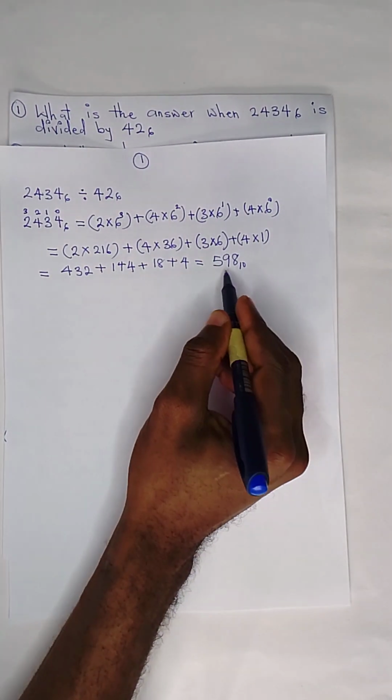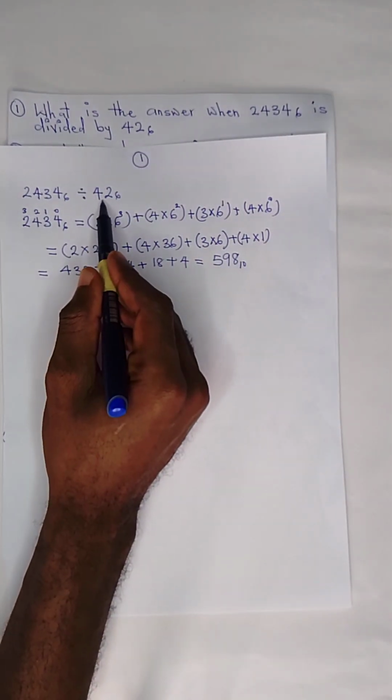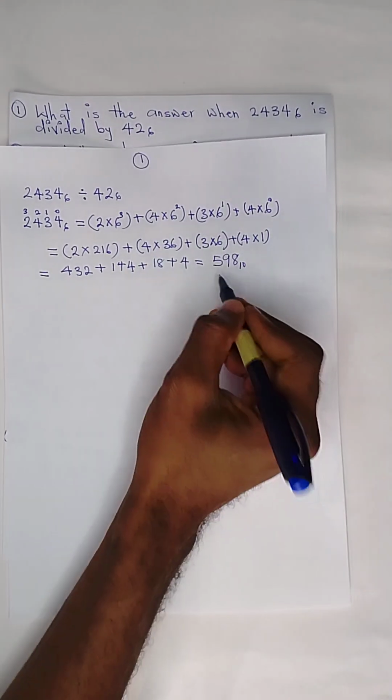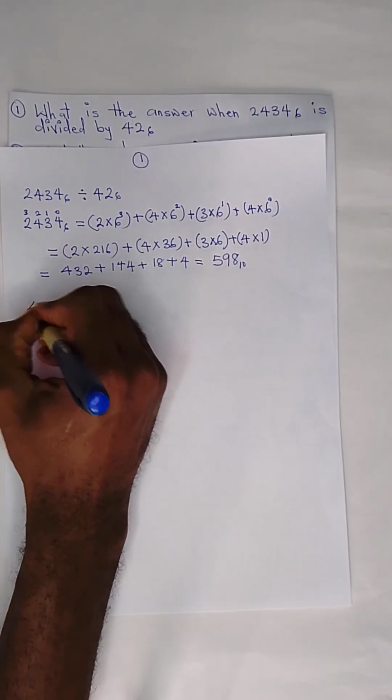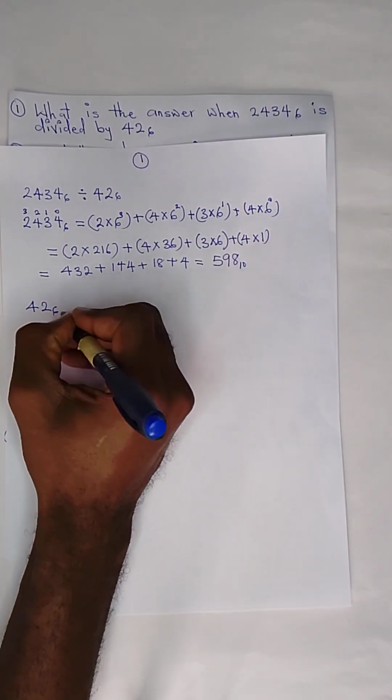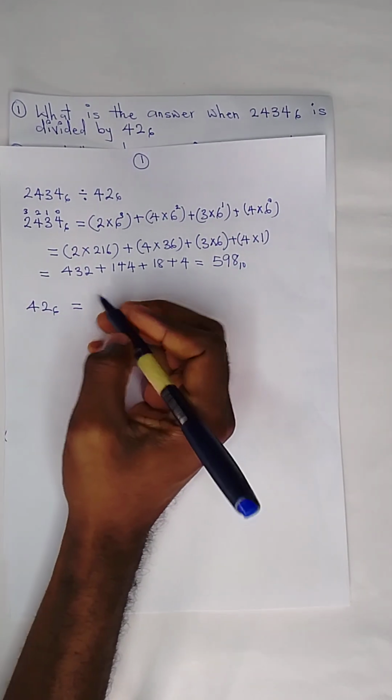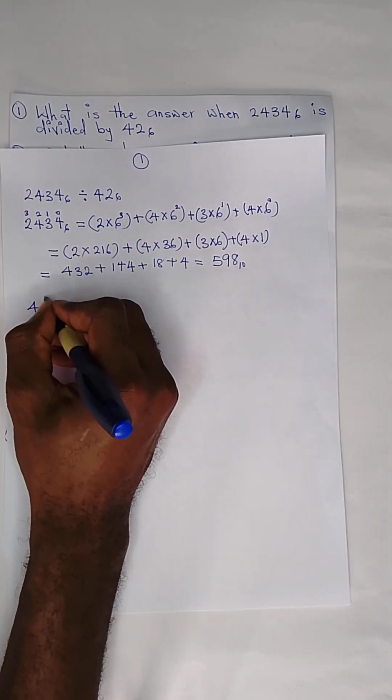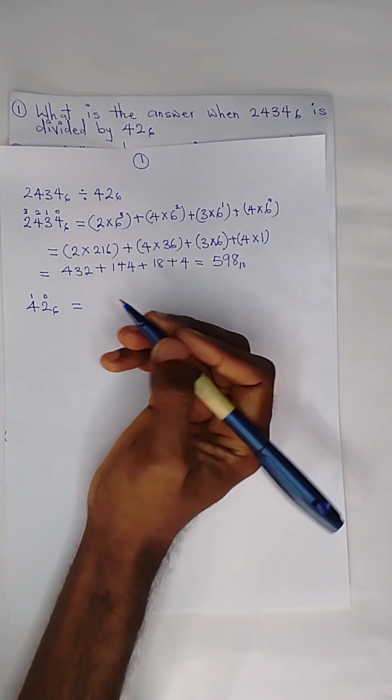So we can drop this one now. Then we convert this 42 base 6 to base 10 before we can divide. I'm going to label the last digit 0 and the other digit 1.